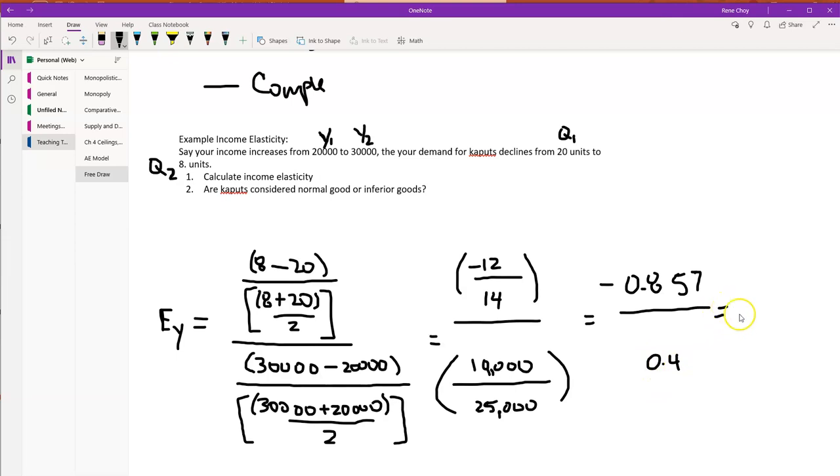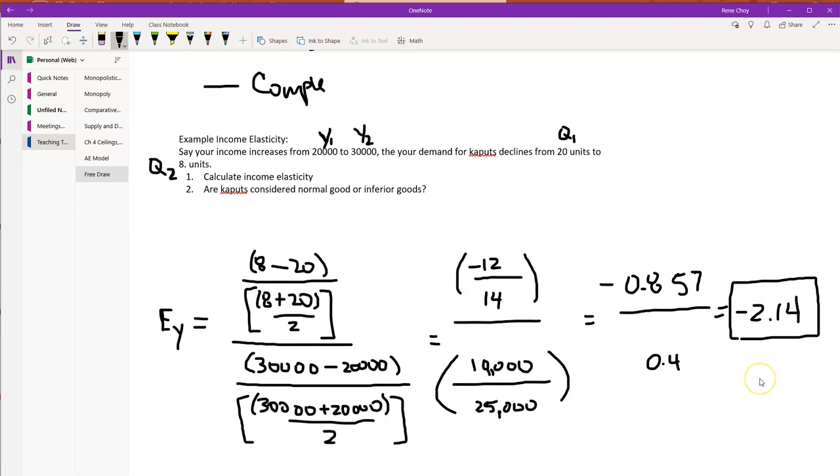And that's going to be equal to negative 0.57 divided by 0.4. That's going to give me negative 2.14. All right, and that is my income elasticity.